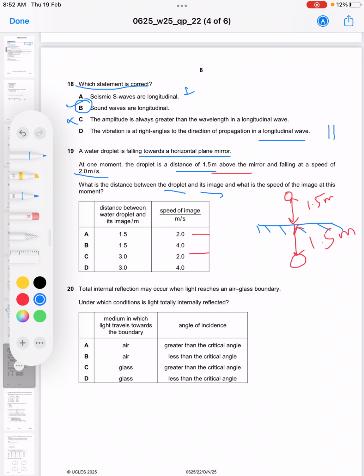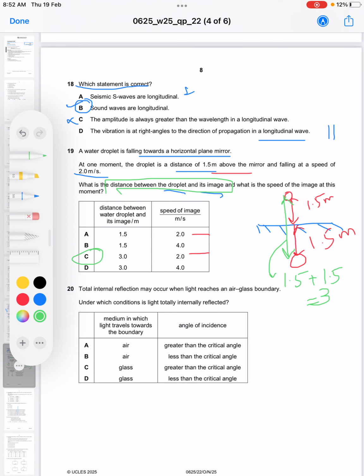In the question, what they want is the distance between the droplet and the image, meaning this whole distance. It is calculated by 1.5 plus 1.5, which gives the answer 3. So from A and C we need to choose C, and we know that the speed is the same throughout.